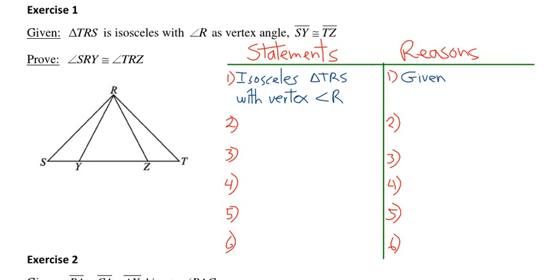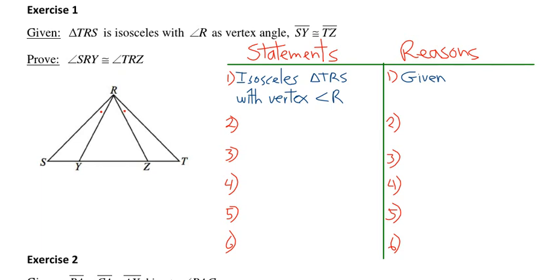Your job is to prove that angle SRY is congruent to angle TRZ. So your job is to prove that this little angle here is congruent to this little angle here. I'm not marking them congruent because right now we do not know that they're congruent. We have to show that they are congruent.